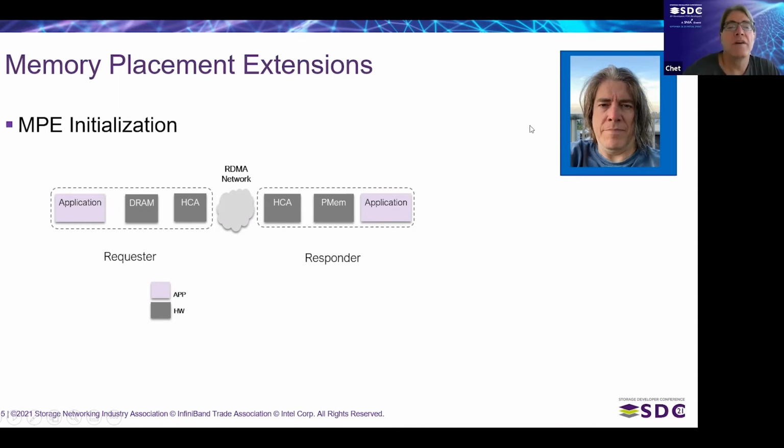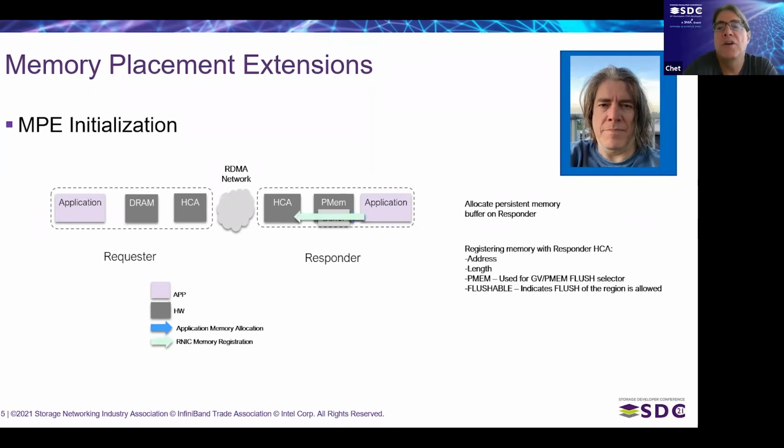So here's my setup. At the beginning of time, we're going to allocate a persistent memory buffer on the responder. The application is doing this directly with the responder RNIC. It's going to allocate a memory buffer, and then register that memory with the responder HCA. In this example, I'm going to tell it the address and the length.